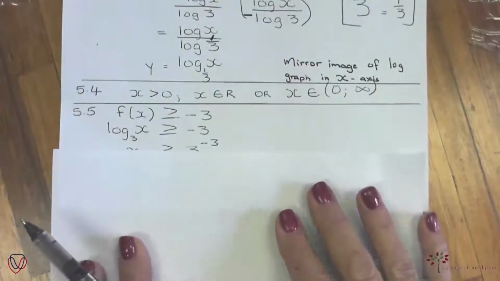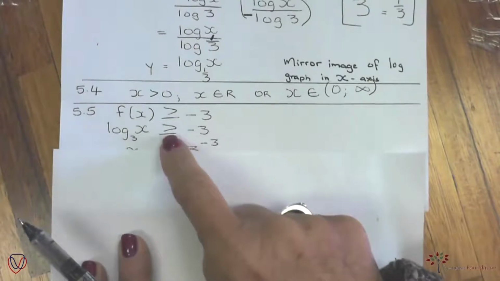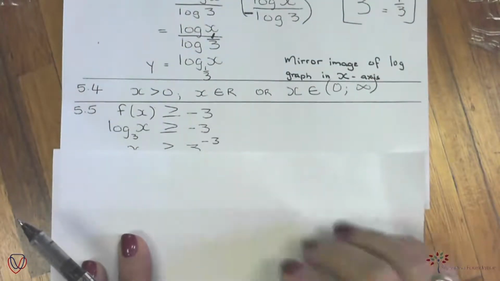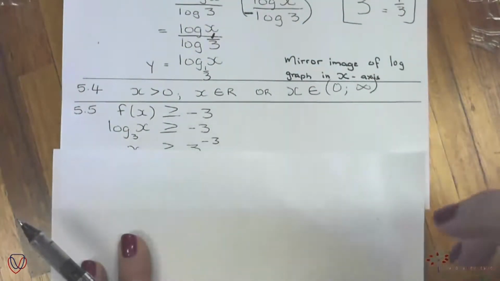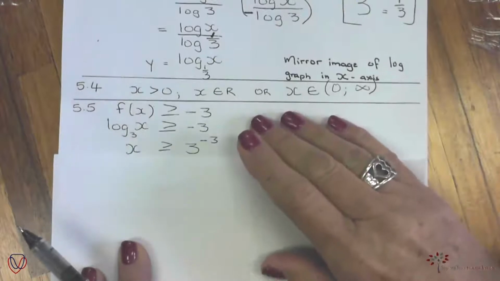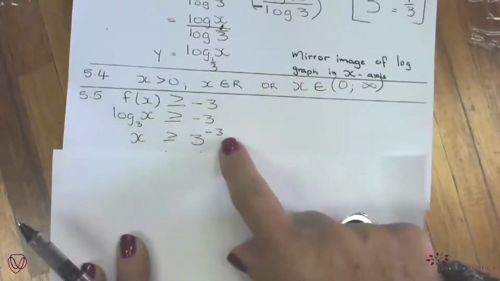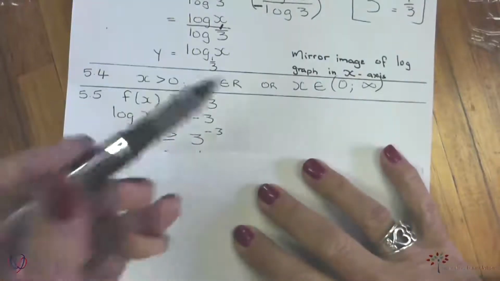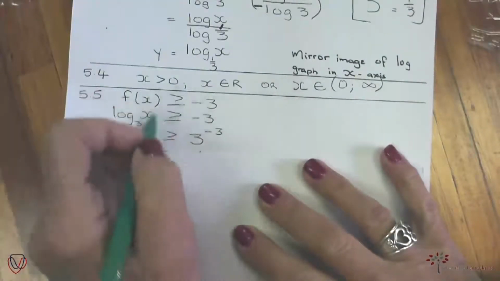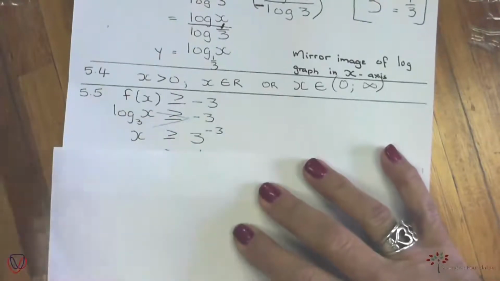So now we say f(x) is actually log x base 3, larger or equal to negative 3. Now, to solve this, we've got to rewrite the log back to exponents, because we won't be able to solve it in another way. So it is going to be 3 to the power negative 3 is equal to x.